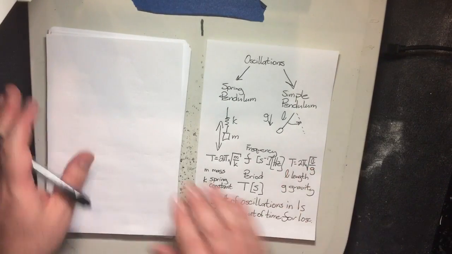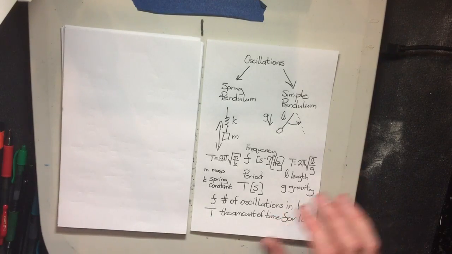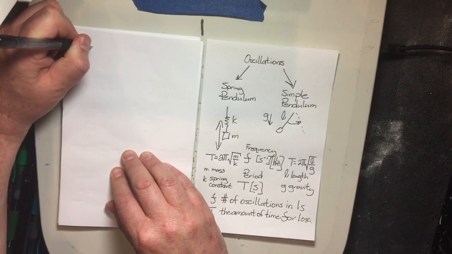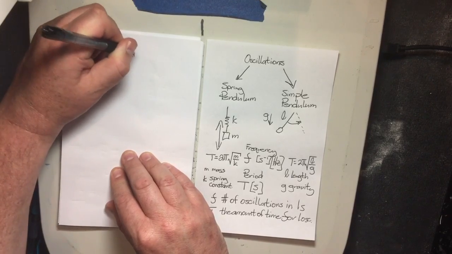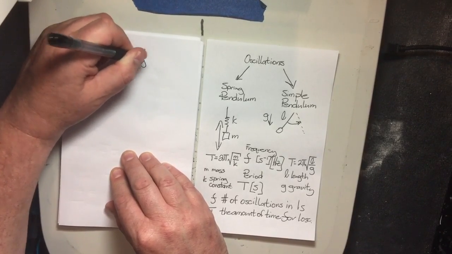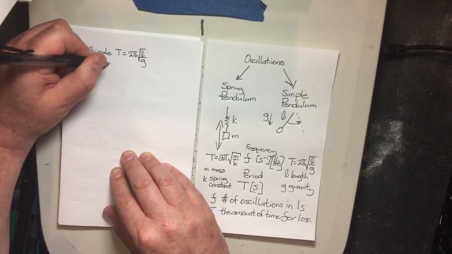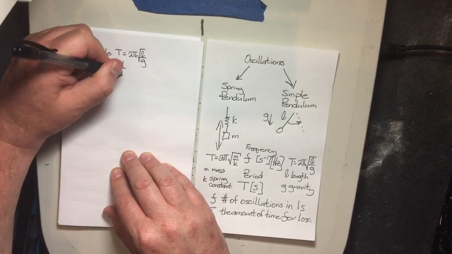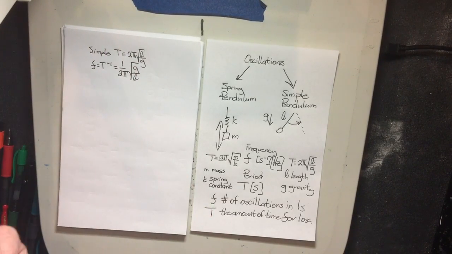Now let's look at each of these individually. For a simple pendulum, the period is 2 pi square root of L over g, and since frequency is the inverse of period, the frequency is 1 over 2 pi square root of g over L. When you look at these equations, you go, is it L over g or g over L?